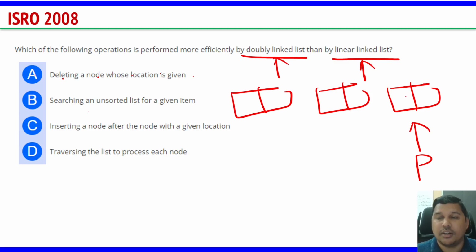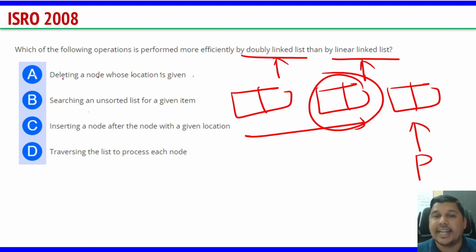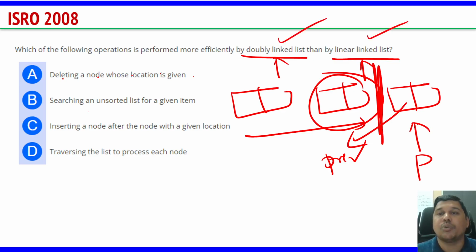I have to traverse the entire list and reach its previous node, only then I can delete. Whereas in double linked list, if this node is given already, it is just breaking this link. I know the previous pointer. So, it will take very less time in double linked list compared to single linked list. So, deleting a node whose location is given is more efficiently done in double linked list.